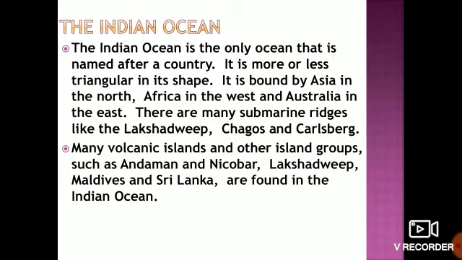Ridges are long, narrow, elevated sections of the earth's surface. Elevated means it has a height, like a hill or a mountain. Many such elevated sections are found under the Indian Ocean, like Lakshadweep, Chagos and Carlsberg. These are the submarine ridges.